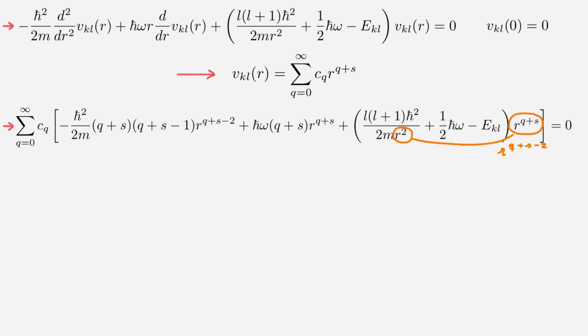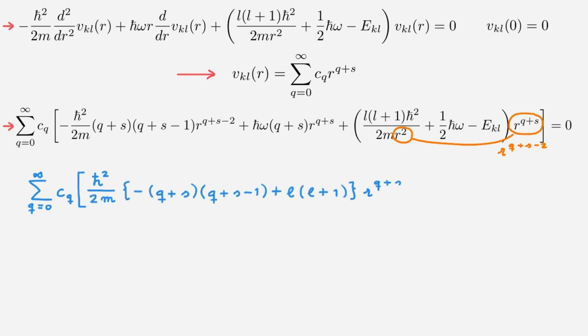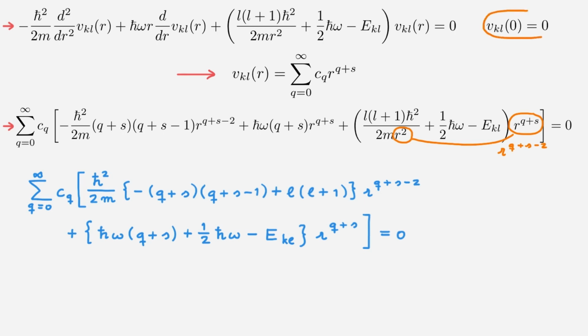We can then rewrite the whole expression starting with the sum over c_q, then grouping together the q plus s minus 2 powers, and then the q plus s powers, and all is still equal to 0. Feel free to pause here again to double check this last step, but all we've literally done is to rearrange the terms. The next thing we need is to look at the boundary condition at the top here.